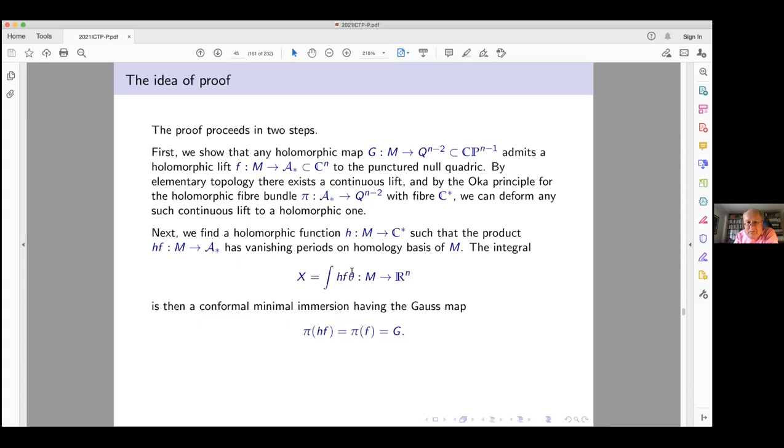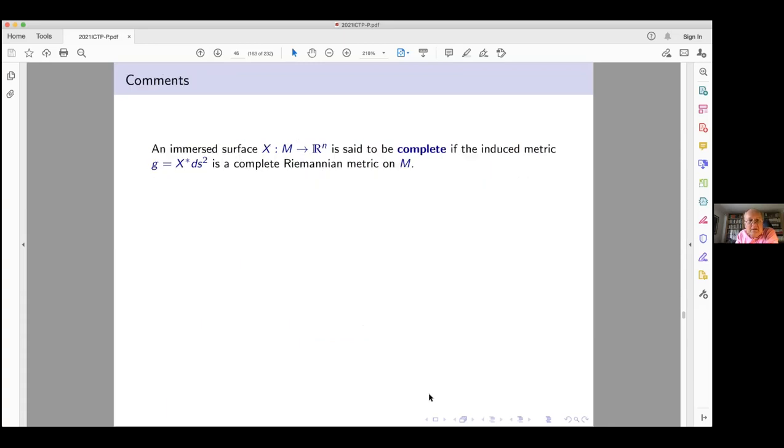So it means that the periods of this form will be zero. And this is quite some work, but basically the technology is there. It's the one which I explained to you. So if you succeed doing that, then of course you haven't changed the Gauss map, because you simply multiplied by a function and this projection is then the same.